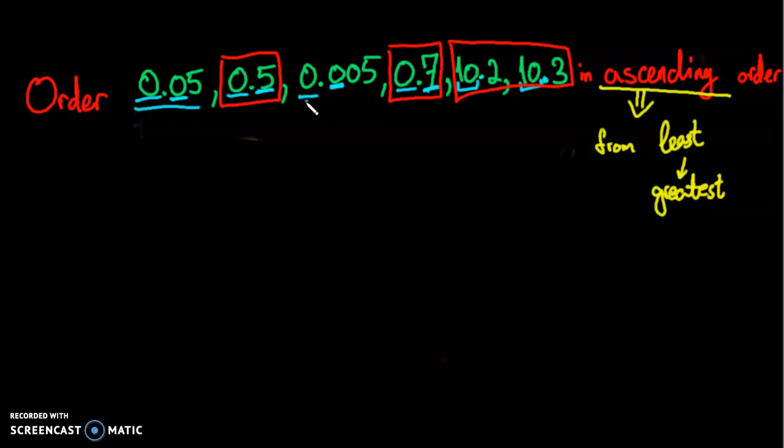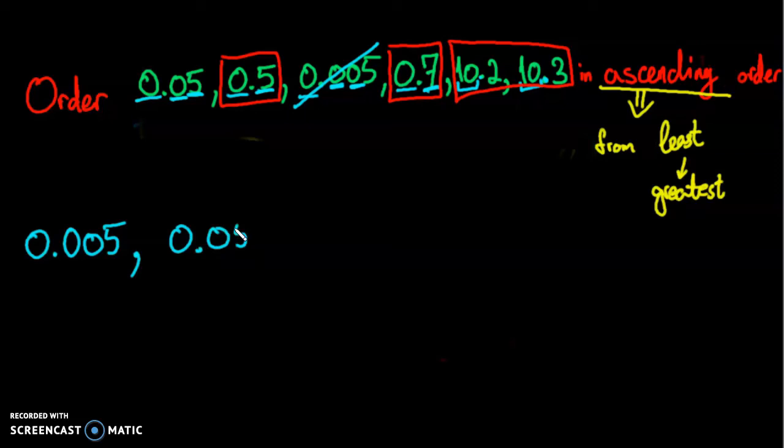We look at these two numbers. We have a 5 here, we have a 0, we have a 5 and a 0. Which number is smaller? Well, the 0. So this number is the smallest number, 0.005. Then we have this number, 0.05. And now we go back to these numbers.